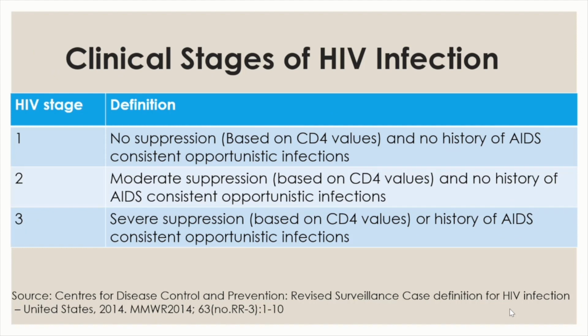For stage 1, there is no suppression and no history of AIDS-consistent opportunistic infections. For stage 2, there is moderate suppression, and no history of AIDS-consistent opportunistic infection. For stage 3, there is severe suppression based on CD4 values or history of AIDS-consistent opportunistic infection.